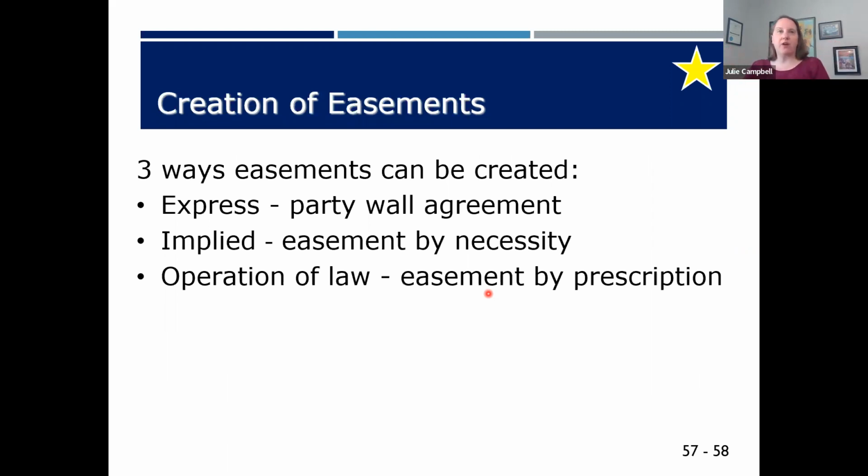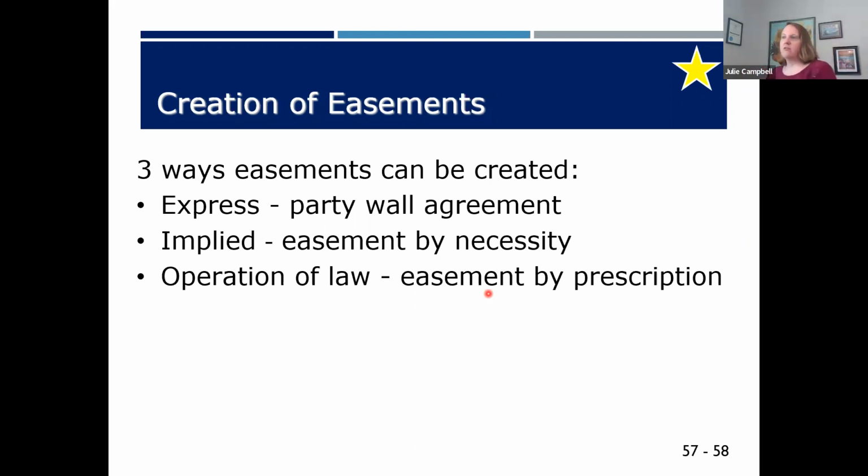Anytime you have an express agreement, it is one that is clearly stated. Maybe it's oral, maybe it's in writing. The key factor to an express agreement is that all the terms have been clearly stated. So we can create an easement through an express agreement.